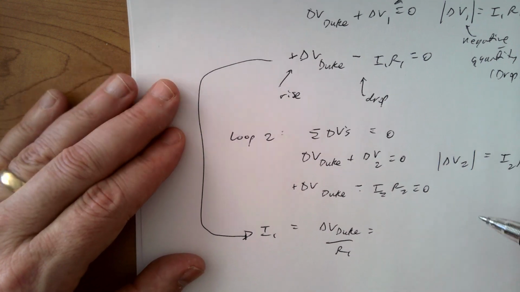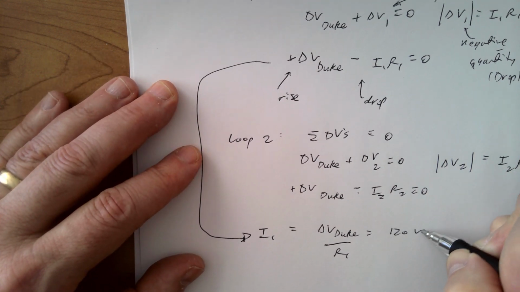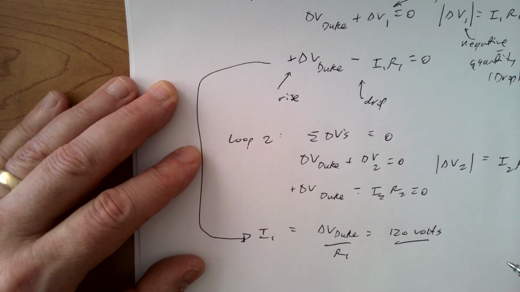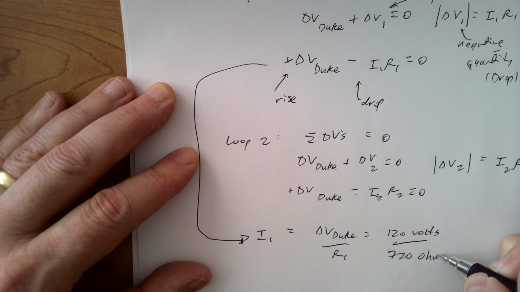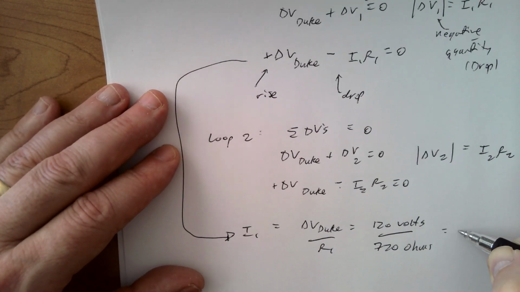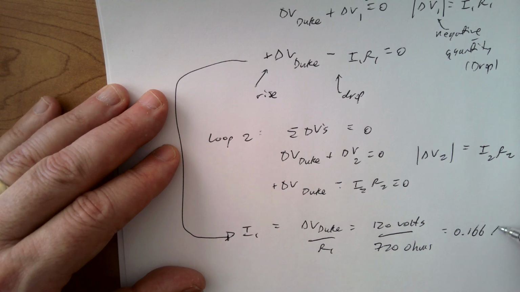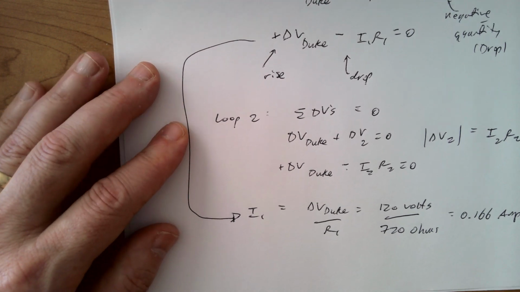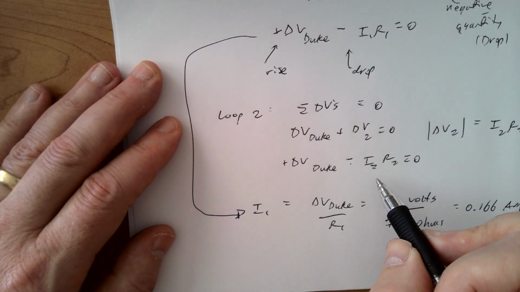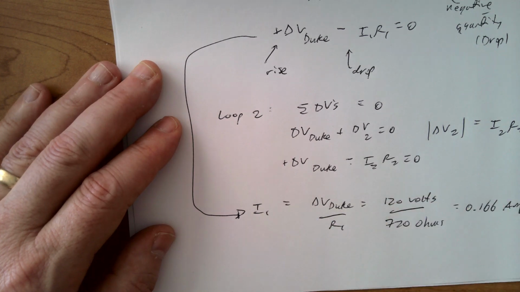Let's put in some numbers. Delta V Duke is 120 volts. R1 is 720 ohms. That is 1/6 or 0.166 amps is I1. Similarly, I can find I2 from the loop rule for loop 2.